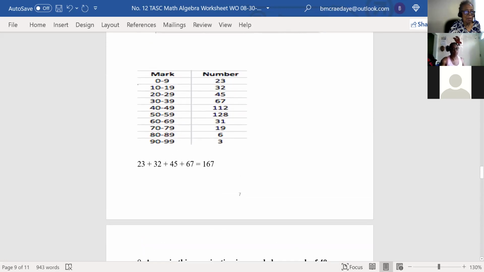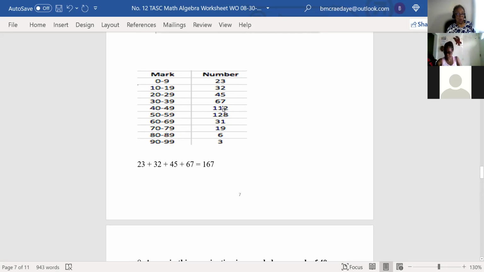Here's the table. 233. Well, we know when we got here, we got 167, right? Yes. So 233 is going to hit within here, followed by 40 to 49. That's right. So it's going to hit within this range.